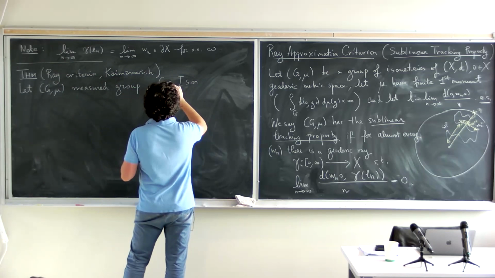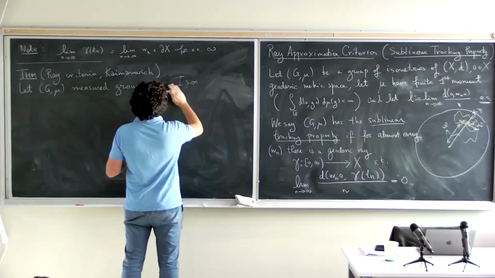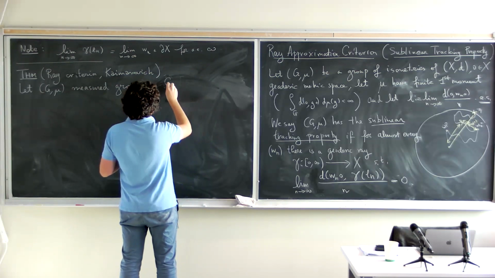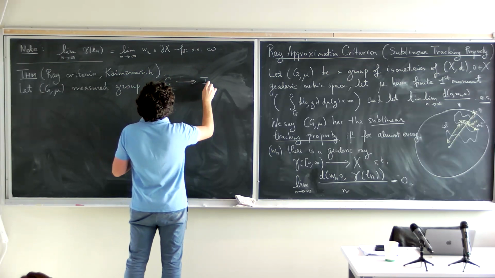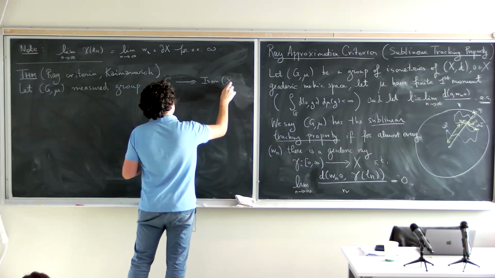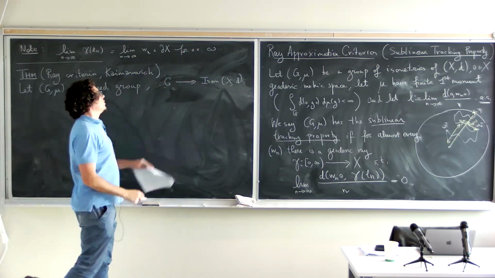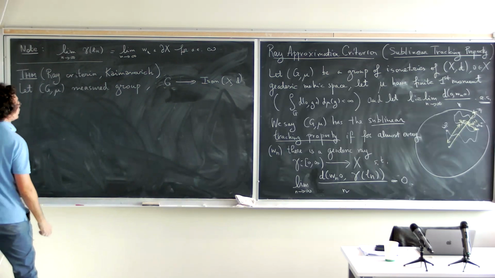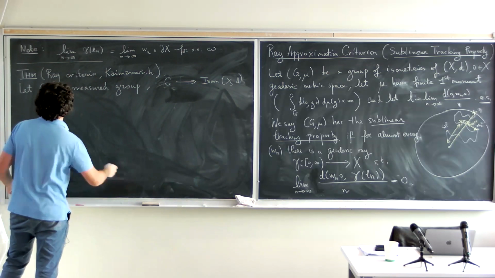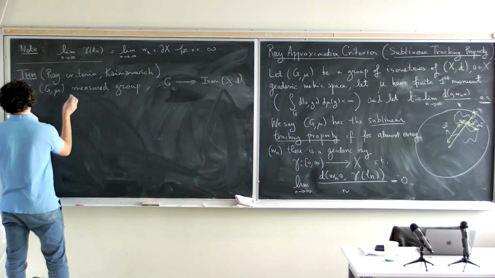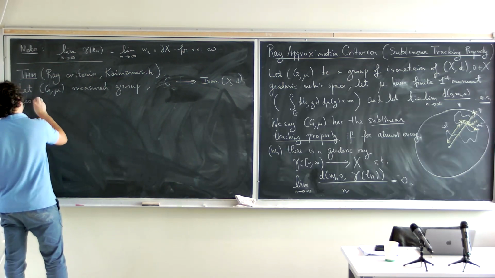It doesn't even have to be a subgroup, but there has to be a G action, so a homomorphism into the group of isometries of some geodesic metric space.